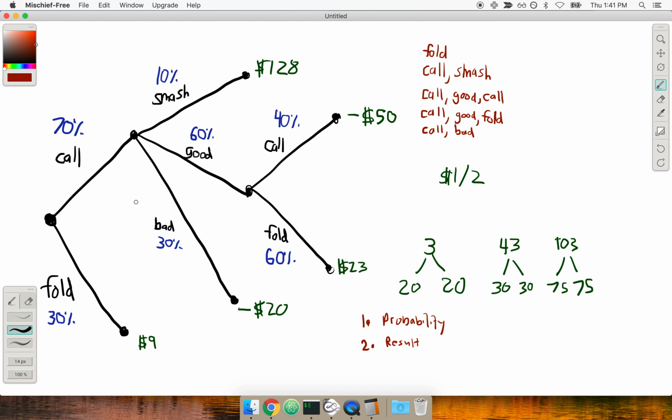So I'll show you what I mean. The probability of getting a fold right away is 30%. So we write 30%. And then the result is that we gain $9.